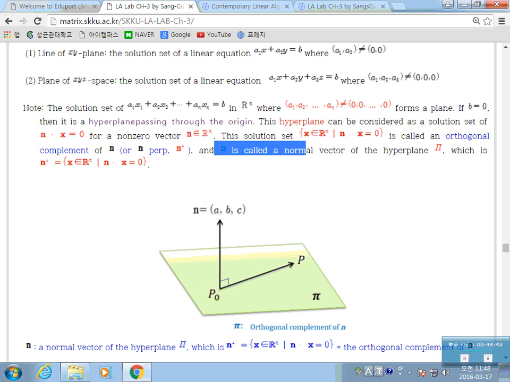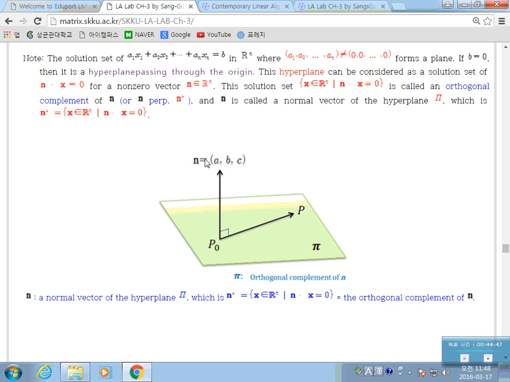This n is called the normal vector of the plane pi, which is n perp. So if n is a vector like this, then this plane is n perp. Any vector on this plane is orthogonal to this vector. The inner product of any vector x here with n is 0.